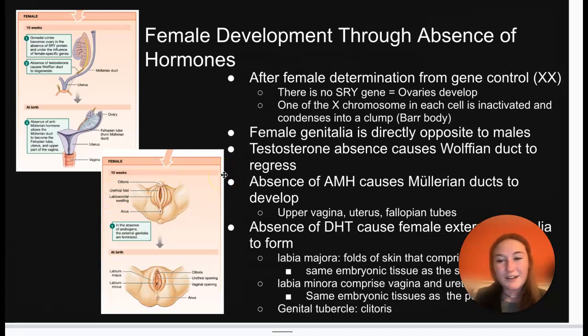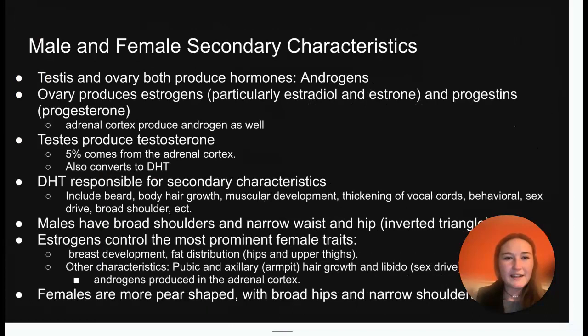So we can see that these structures are bipotential because they can turn into male reproductive organs or female reproductive organs. And so we'll go to our last slide that really defines the characteristics between male and female. As we've seen in the other slides, testes and ovaries produce hormones, and these are the second phase of gender development, because we've seen gender is pretty much determined by your X and Y chromosomes.